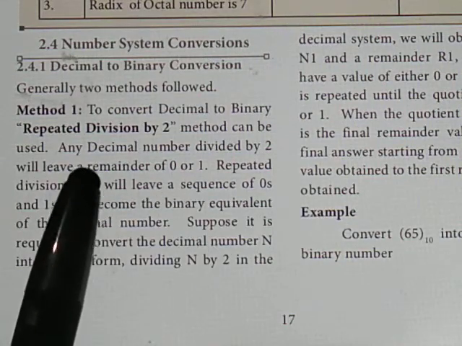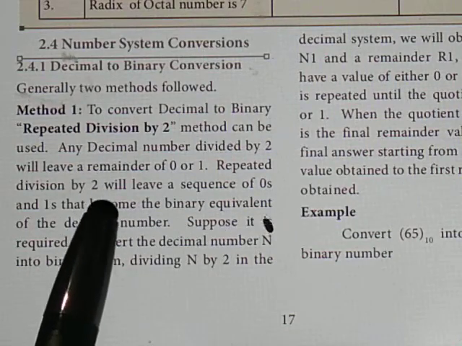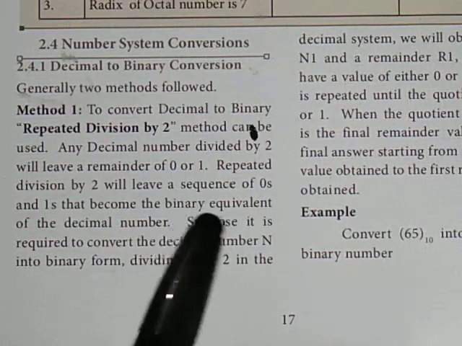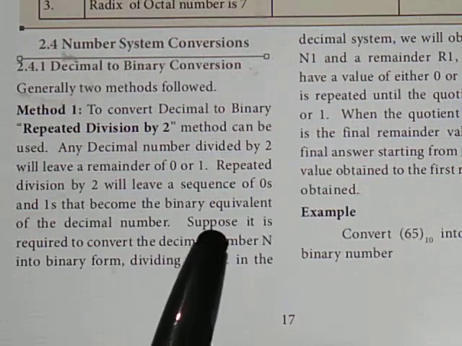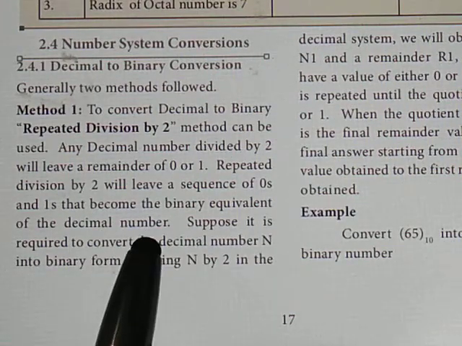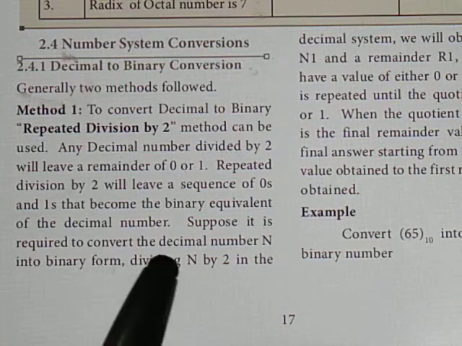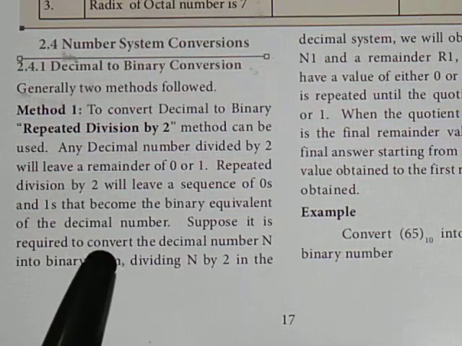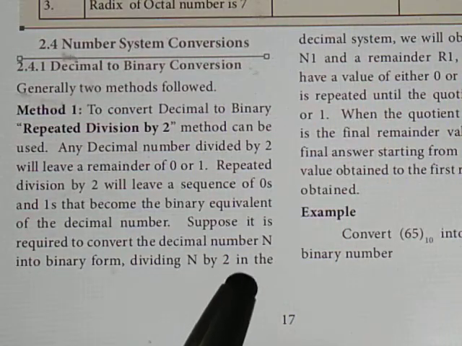Repeated division by 2 will leave a sequence of zeros and ones that become the binary equivalent of the decimal number. If we combine those zeros and ones, that is the binary number for that decimal number.